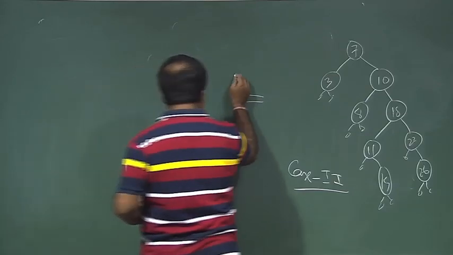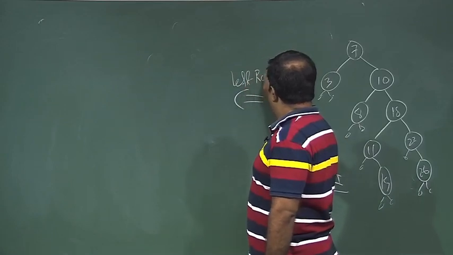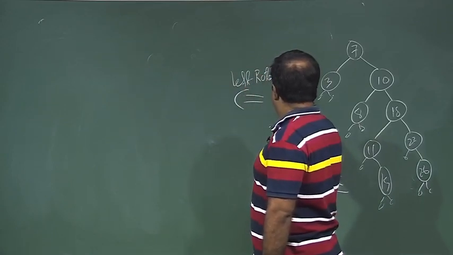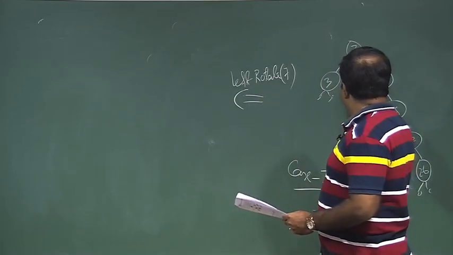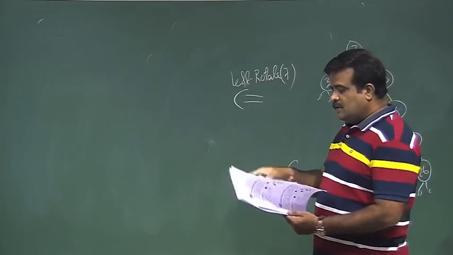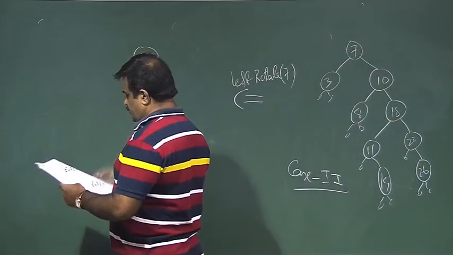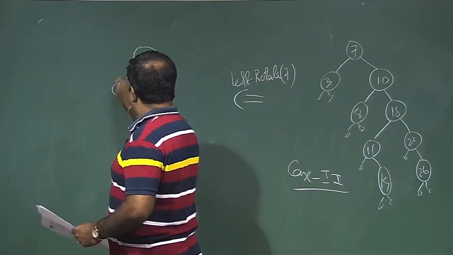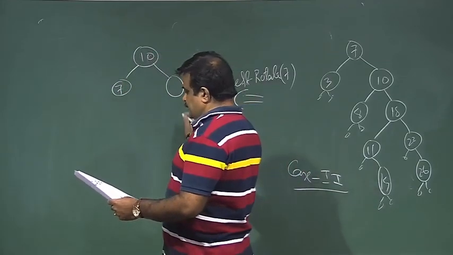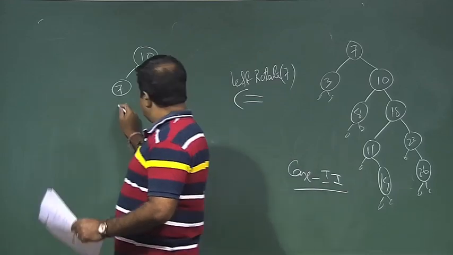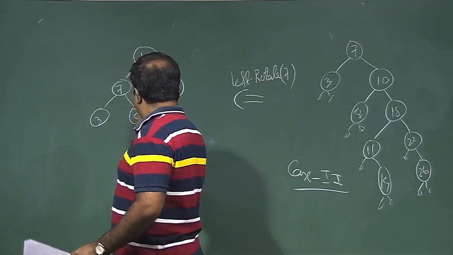So, here we want to perform a left rotate on 7. If you do the left rotate on 7, 7 will come down and 10 will come up. So, the situation will be like this. 10 will come up, 7 will be down, and then it is 18 and 38, just the left rotate.